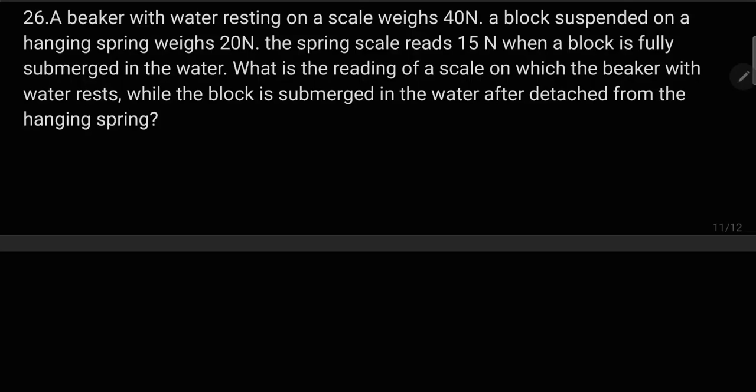A beaker with water resting on the scale weighs 40 newton. So 40 newton is the scale reading of the beaker. A block suspended on a hanging spring weighs 20 newton, the weight of the object in air.